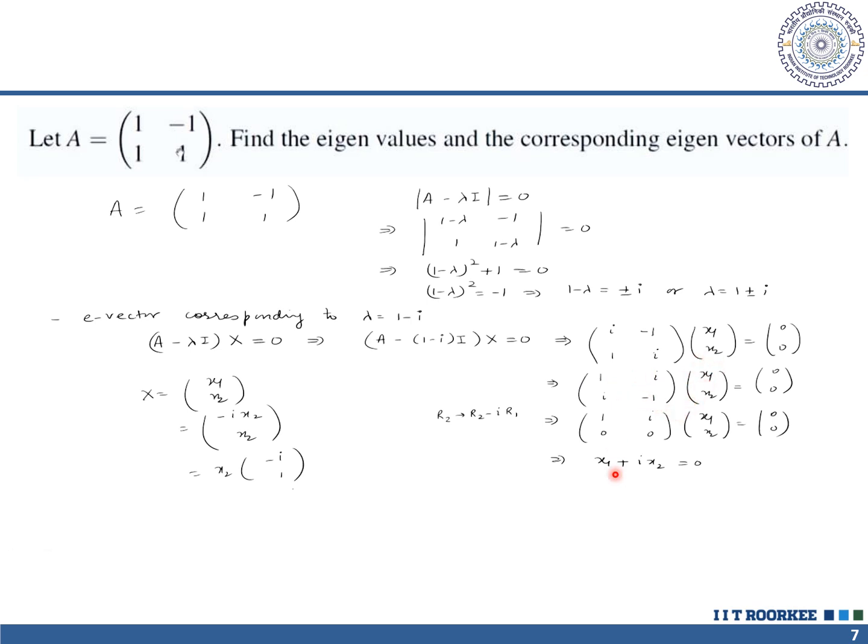After solving this, we get x1 plus i x2 equal to 0, as the eigenvector is (x1, x2). So we substitute x1 as minus i x2, and then we take x2 common, so minus i comma 1 are left.